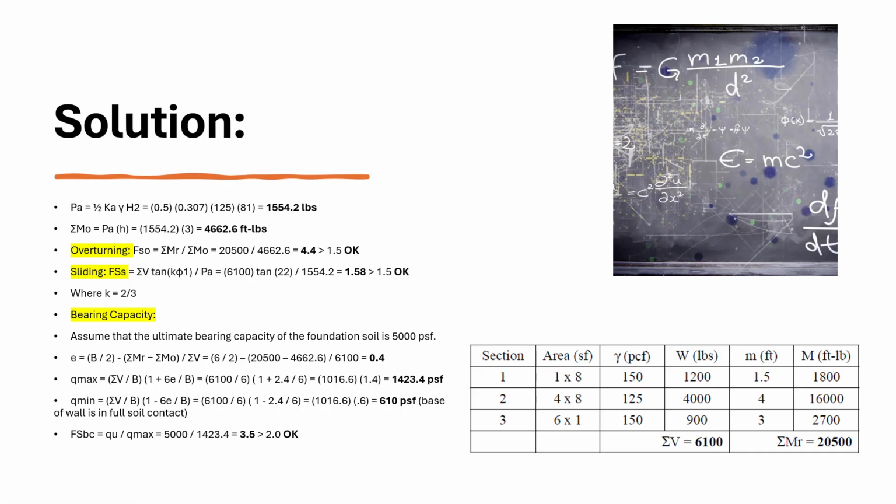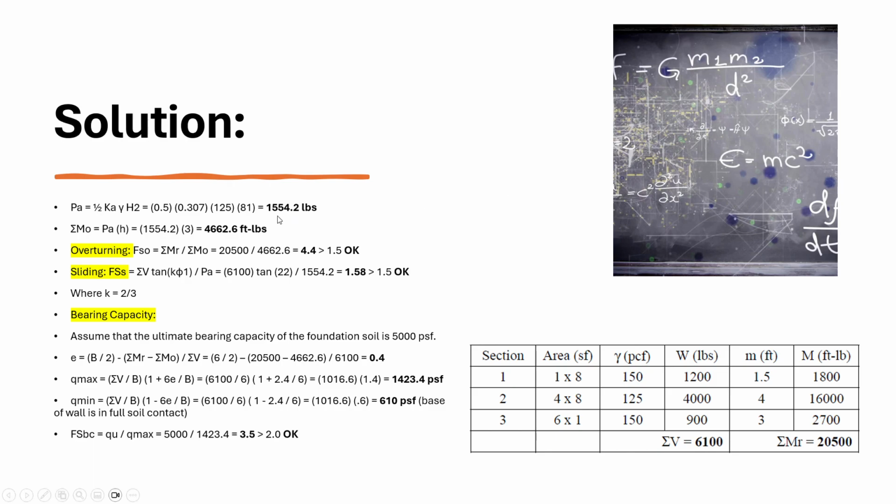So for the solution, first we need to calculate the earth pressure force. So if you replace those values from the table, the answer will be 1554.2 pounds. And if you want to do the calculation for the moment, it is the earth pressure times the height.